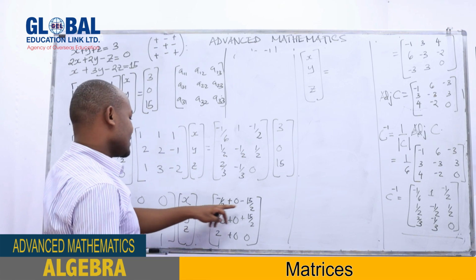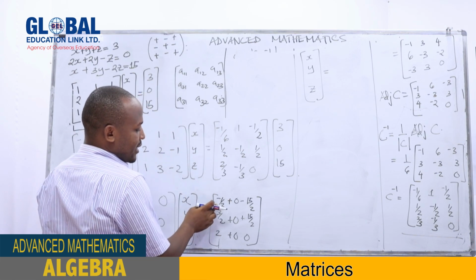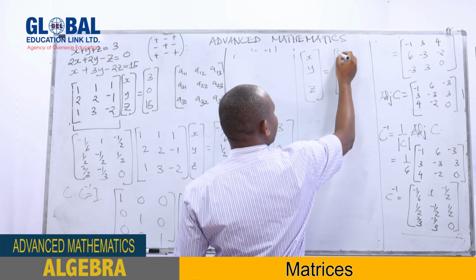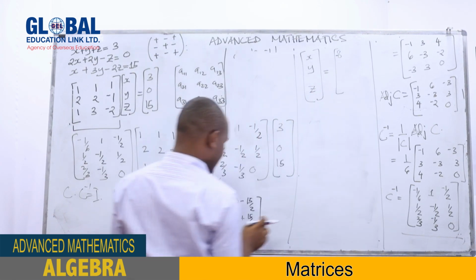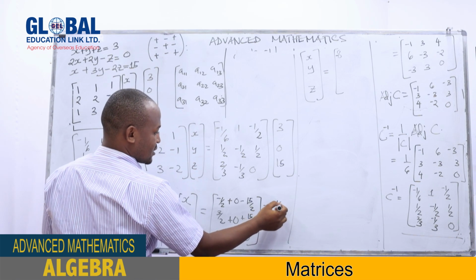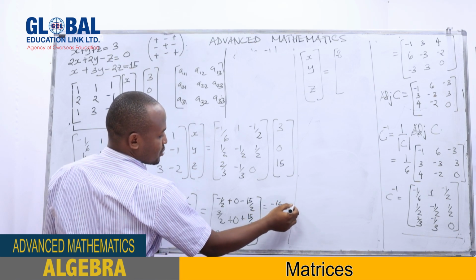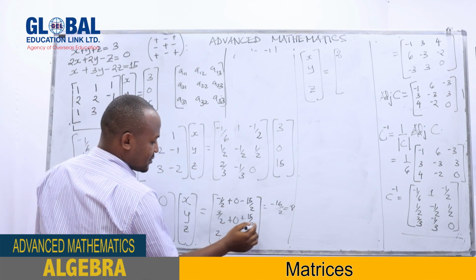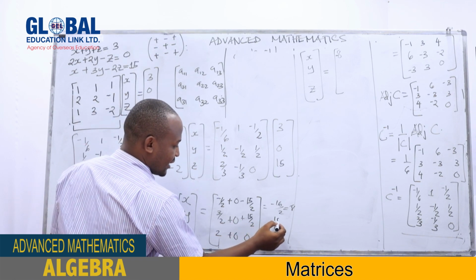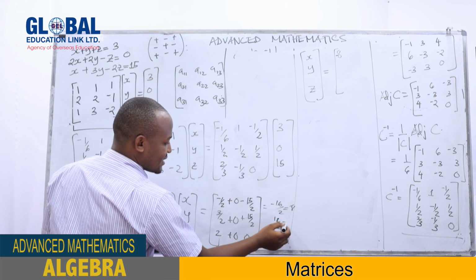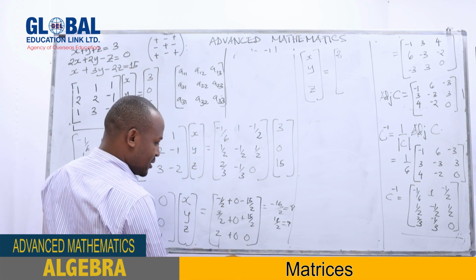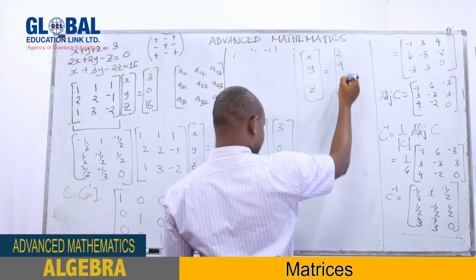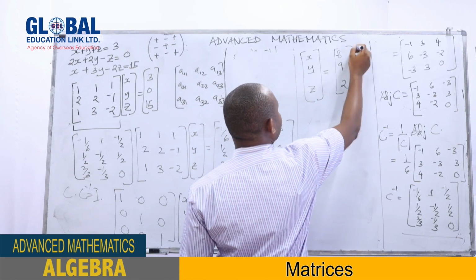And then finding the answers to that part, negative 16 over 2 is negative 8, that is negative 16 over 2, which is equal to negative 8, and that part will be 18 over 2, that is 9, and that part will be equal to 2. So we have 9 and then we have 2.